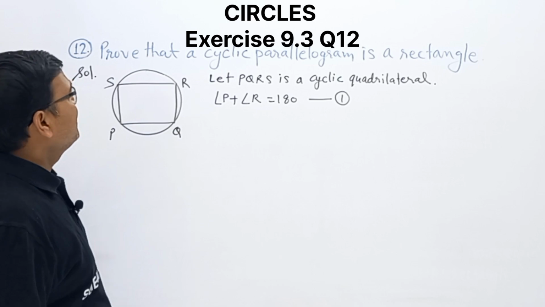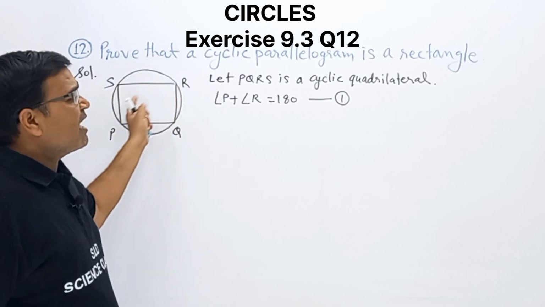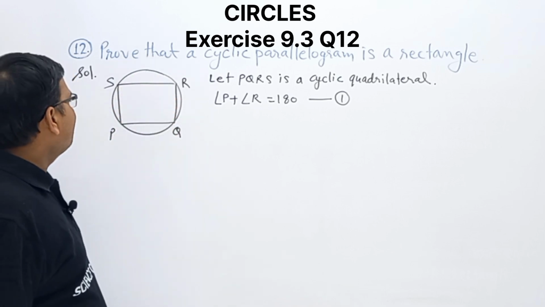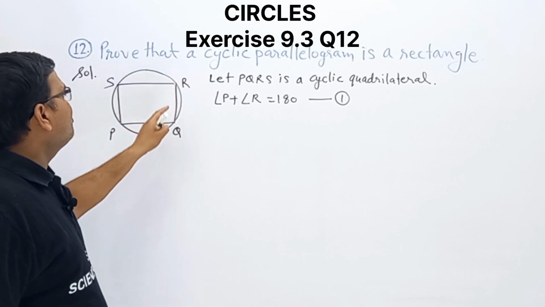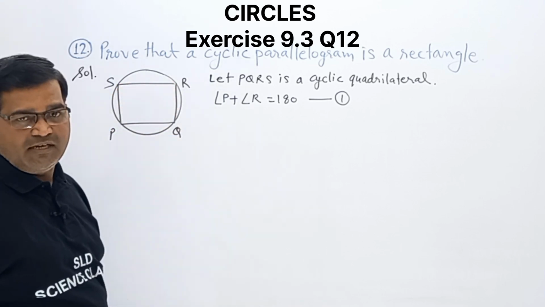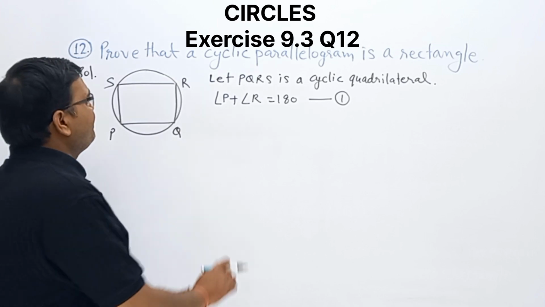What is its meaning? PQRS is a cyclic quadrilateral, and in a cyclic quadrilateral, the sum of opposite angles is 180 degrees. This is one property.